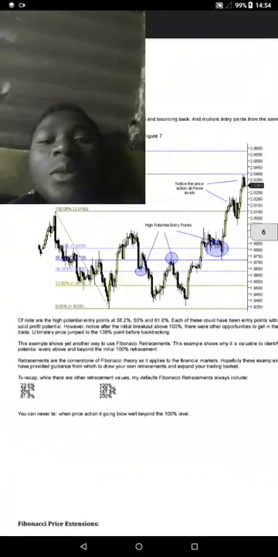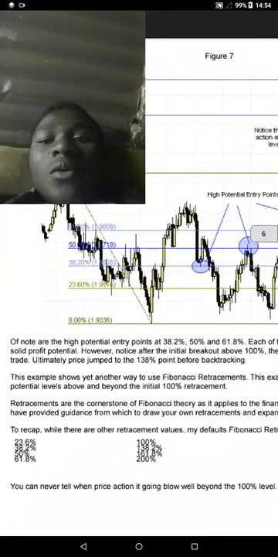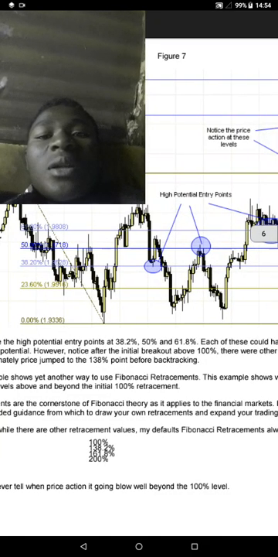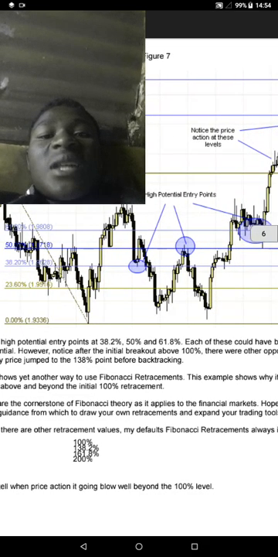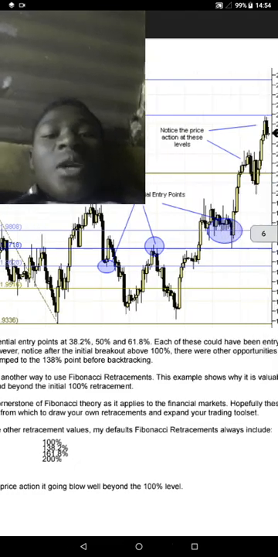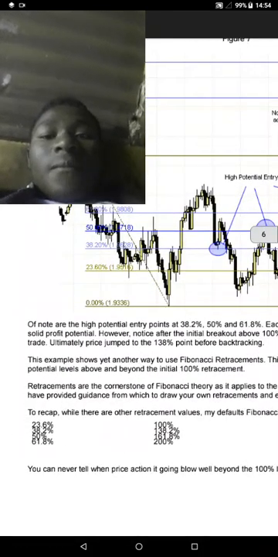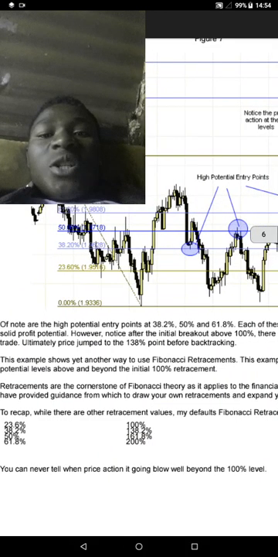Okay, let's proceed, guys. Of note are the highly potential entry points at 38.2%, 50%, and 61.8%. Each of these could have been an entry point with solid profit potential.